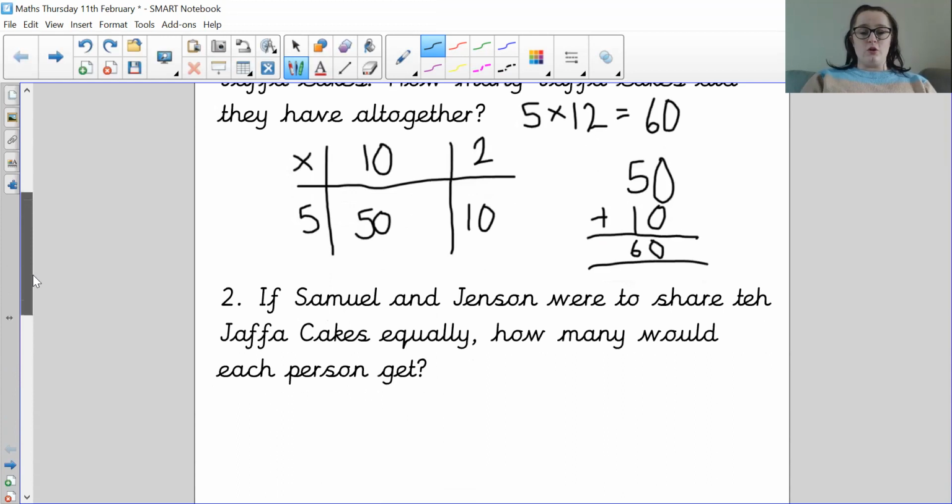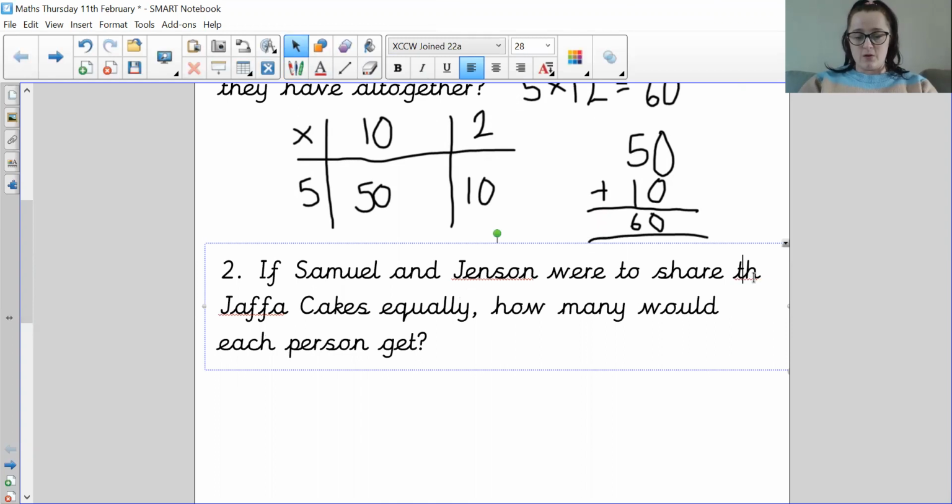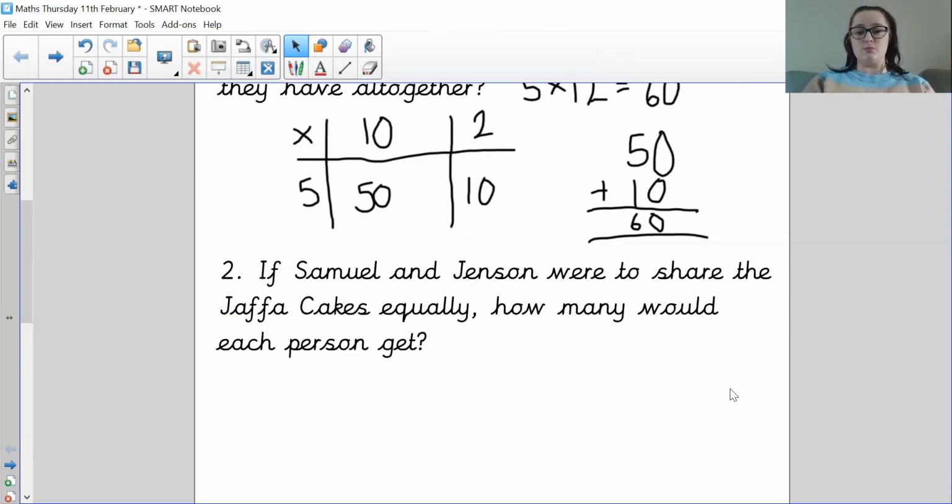So then I'm going to look at my next one. And this question is following on from the first one, okay? So if Samuel and Jensen were to share, oh, spelling mistake, Miss Dunn needs to check that. There we go. If Samuel and Jensen were to share the Jaffa cakes equally between the two people, how many would each person get? So I'm going to do this a different way this week because I know that I can share them in tens.